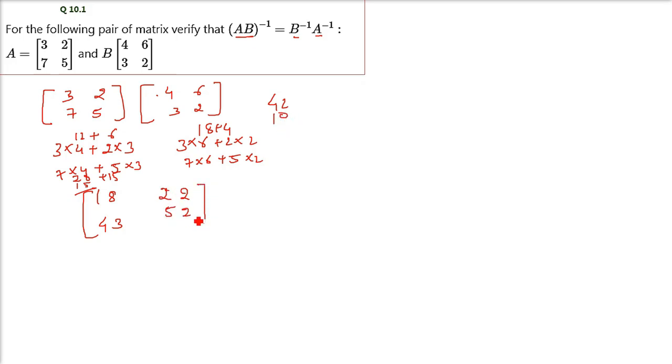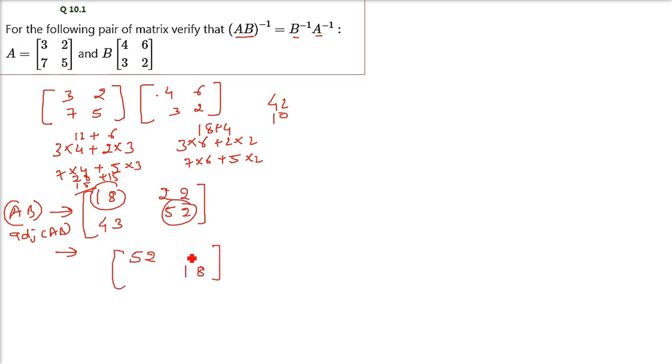Now this matrix is simply A into B. We have to take the inverse of this matrix. The inverse is what? First we have to find the adjoint. By itself it is a single matrix, but it was the result of A into B. For the adjoint, you exchange these two values, 18 and 52.